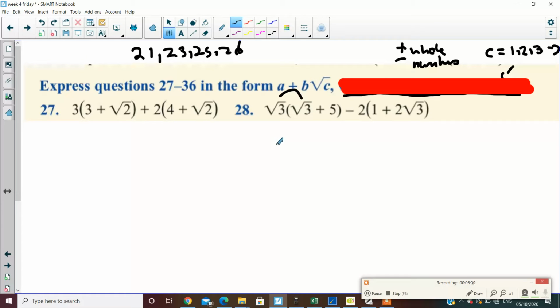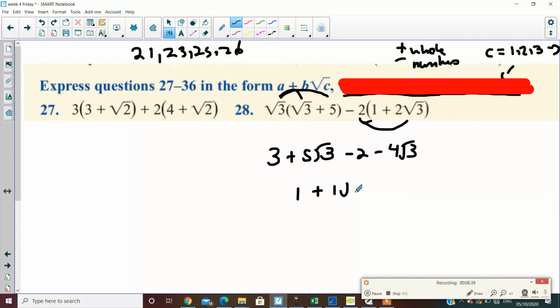Root 3 by root 3. 3 root 3 by 5. 5 root 3. 2 times 1. Minus 2 times 2 root 3. Answer. 3 take away 2. 1. 5 root 3 take away 4 root 3.